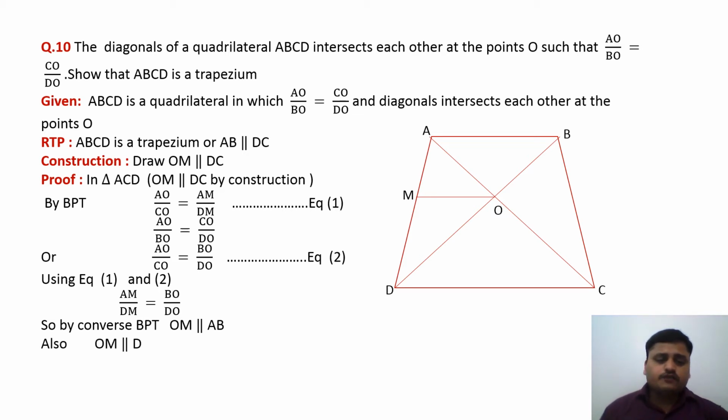So OM is parallel to AB, and OM is parallel to DC, which we did by construction. Using these two, we can say that AB and DC are also parallel.